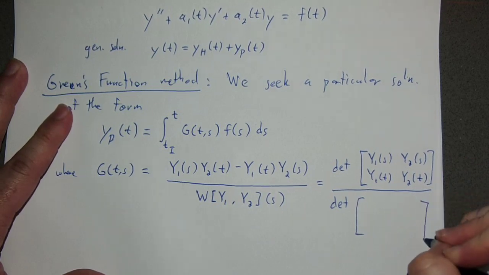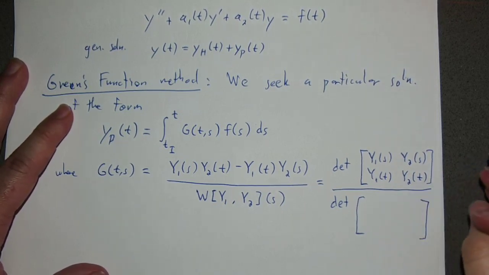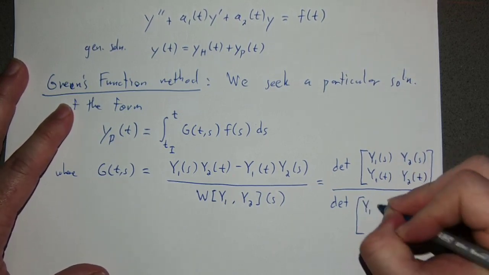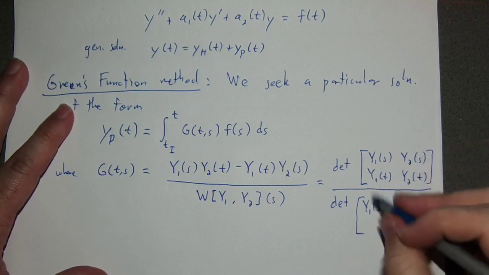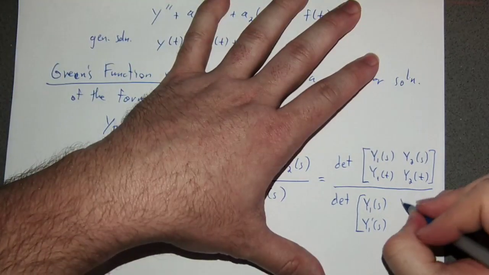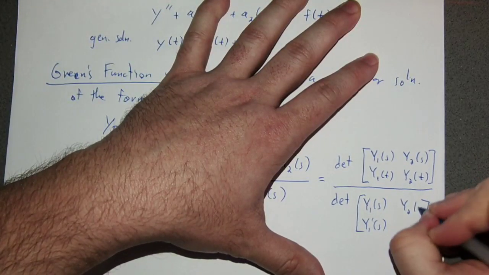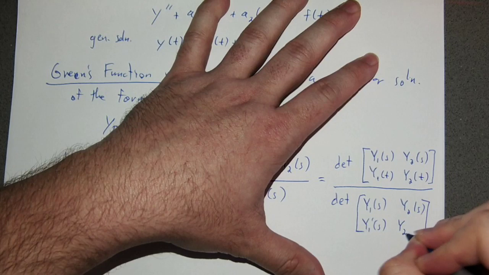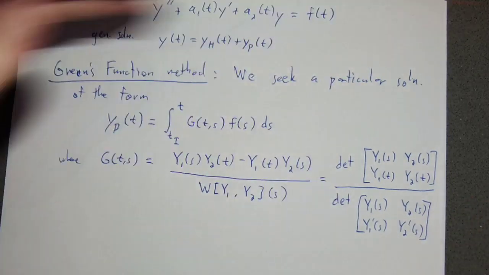And so I can rewrite this as the determinant of y sub 1 of s, y sub 1 prime of s, y sub 2 of s, and y sub 2 prime of s.